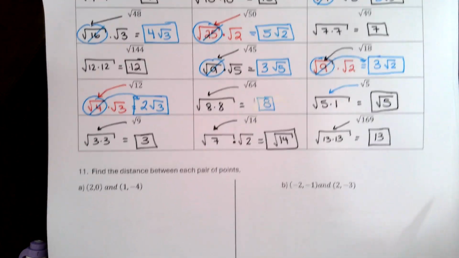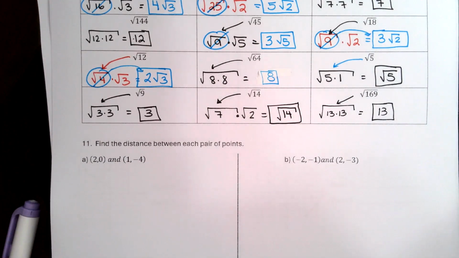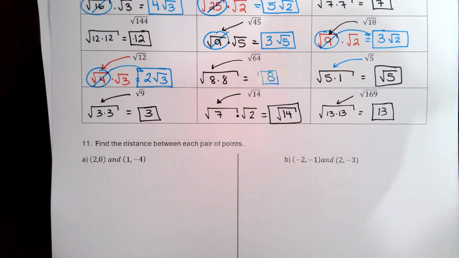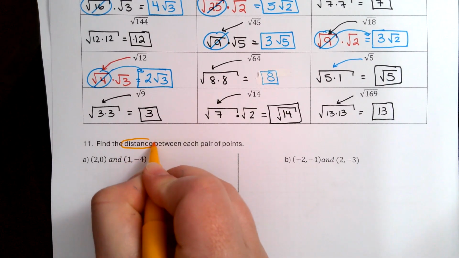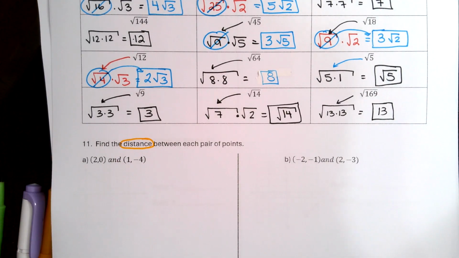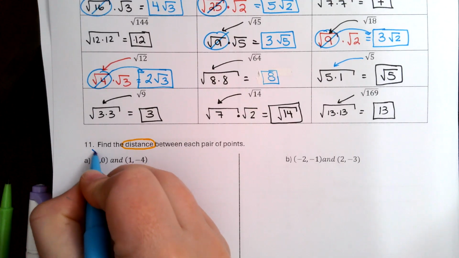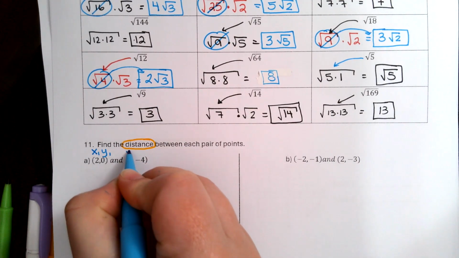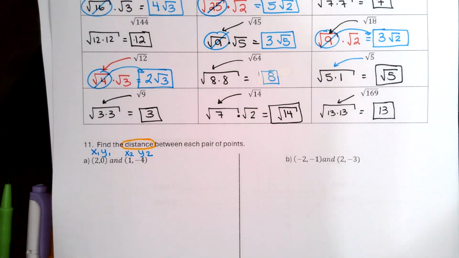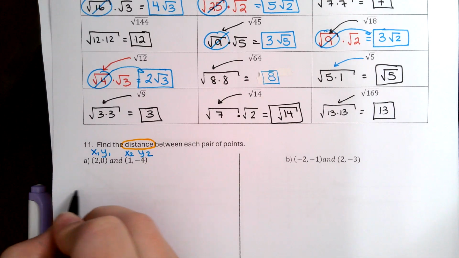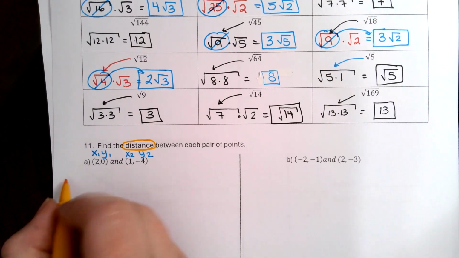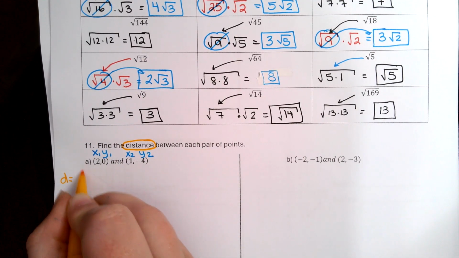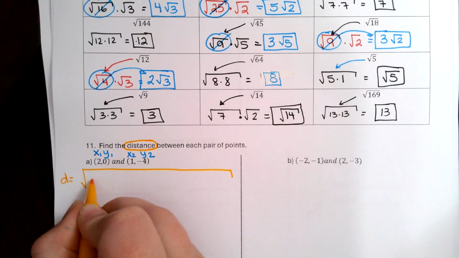Moving on, question 11. Find the distance between each pair. So distance is a formula that you need to have memorized. So let's start with first labeling our points. X1, Y1, X2, Y2. The distance formula is going to be little d is equal to a big square root.